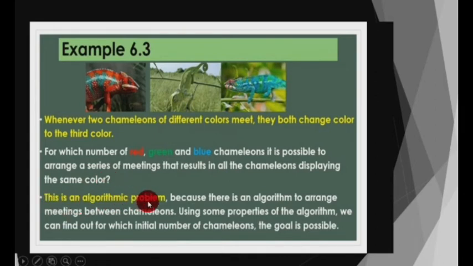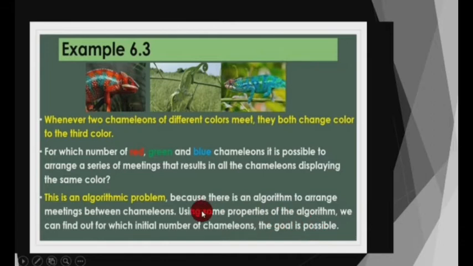This is an algorithmic problem because there is an algorithm to arrange meetings between chameleons. So you have to think how many times the chameleons have to meet together and how many chameleons are needed to make all chameleons the same color. Using some properties of the algorithm, we can find out for which initial numbers of chameleons the goal is possible.